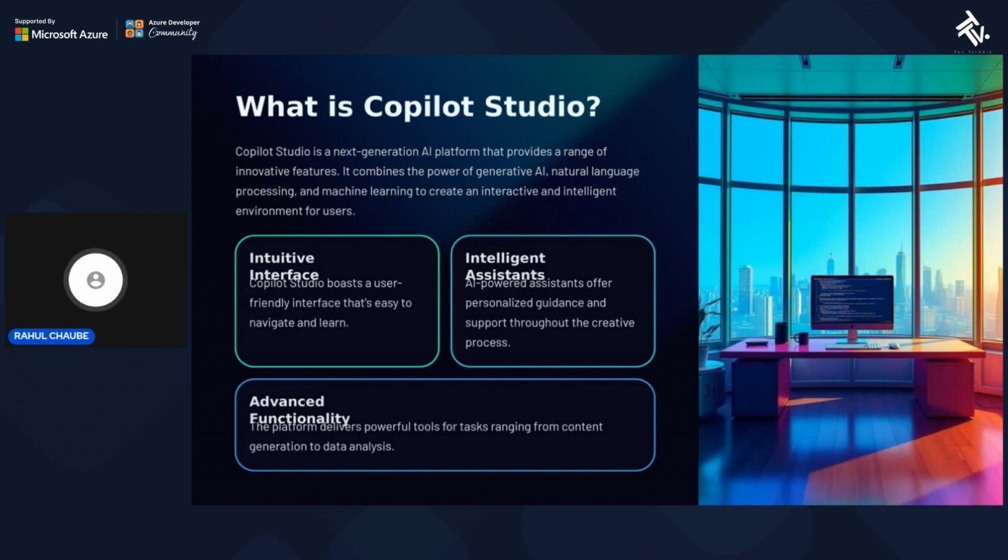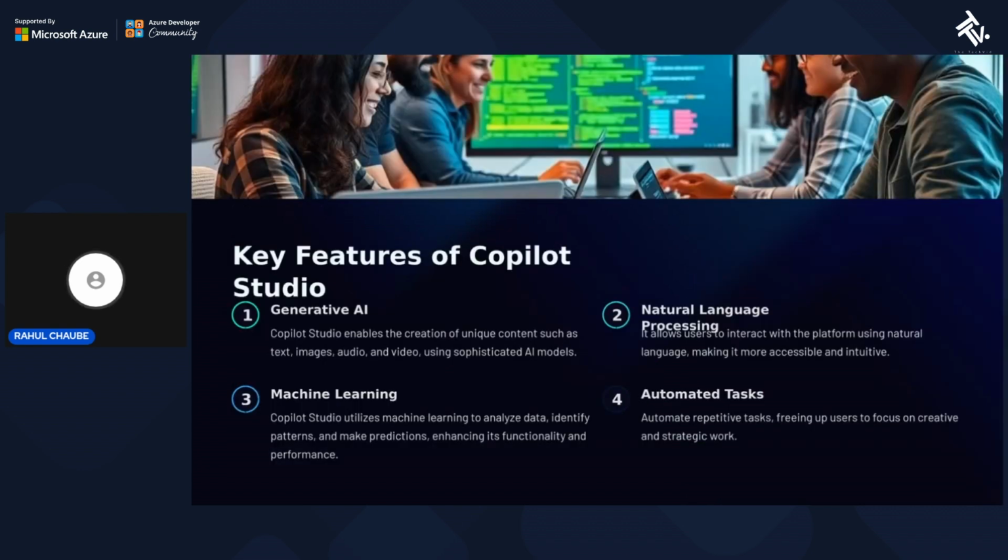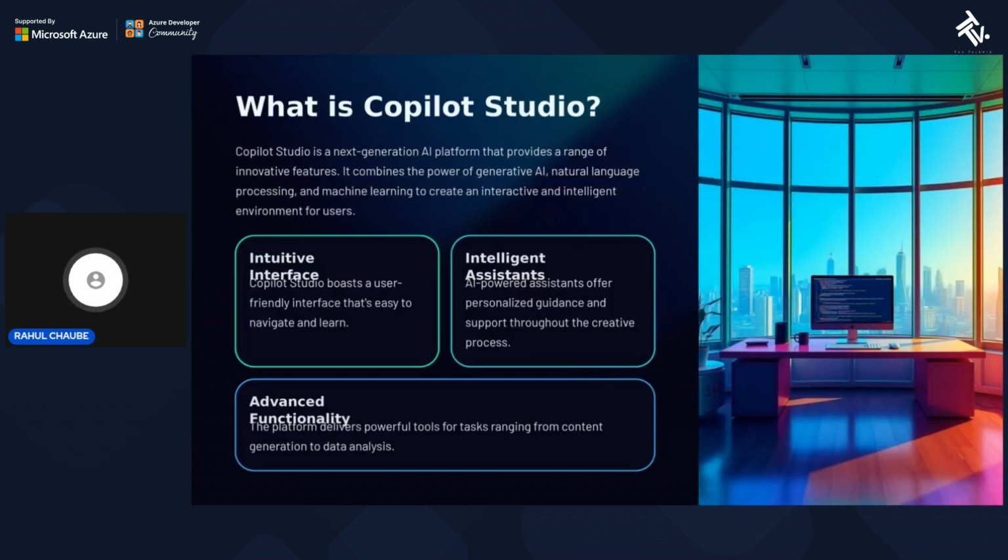Natural language processing is an extension of the features that lets you interact with the platform in plain language. Think about asking Copilot Studio to draft an email or to analyze data. You don't need to code it. Just ask it like you would a colleague. You don't have to write whole codes.